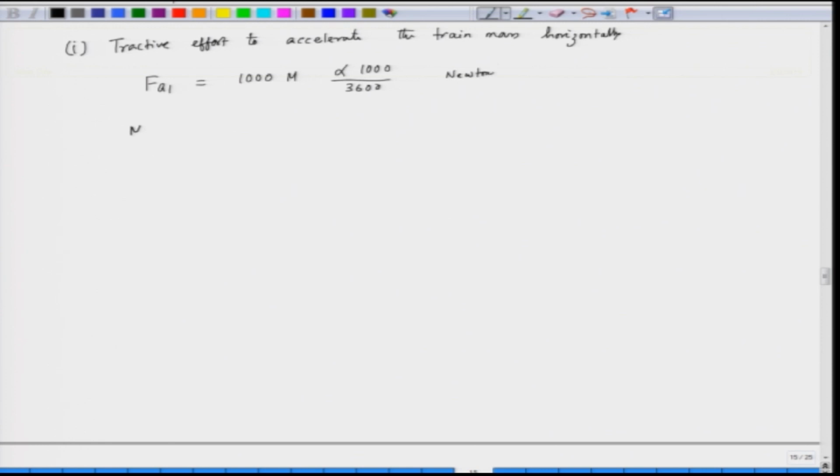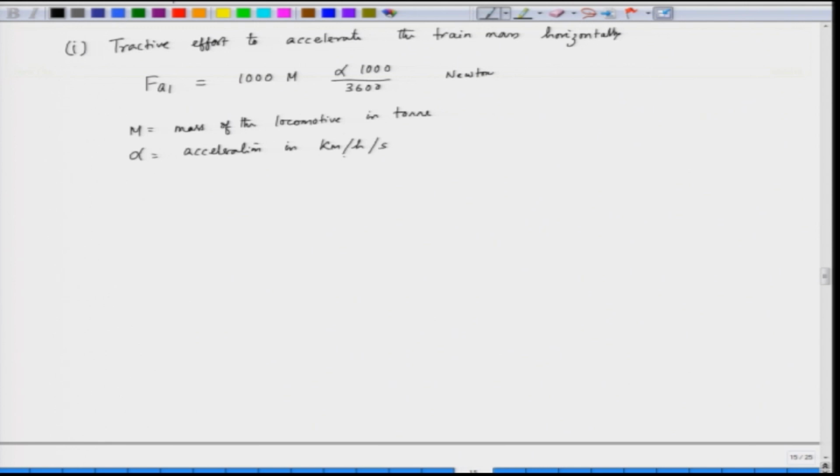So, what is m here? m is the mass of the locomotive in tons, and 1 ton is 1000 kg. So, we have to multiply this with 1000, and alpha is acceleration in kilometer per hour per second.